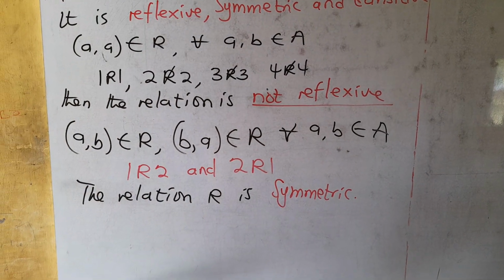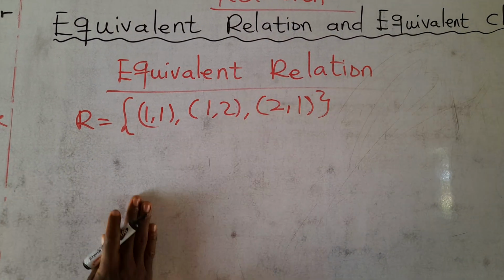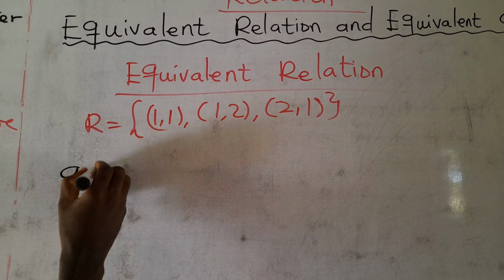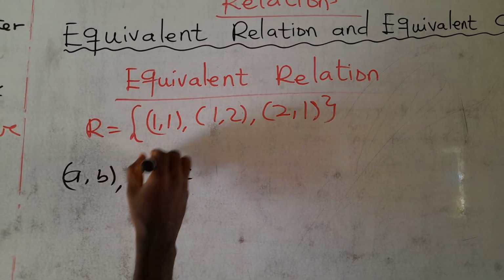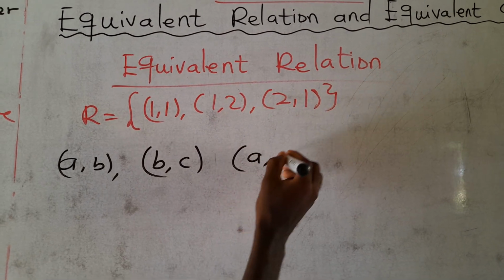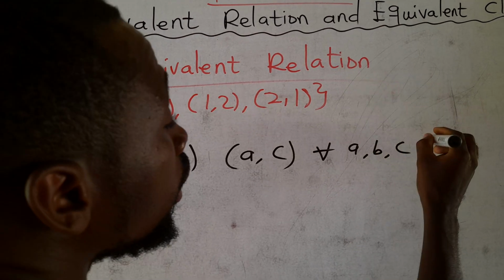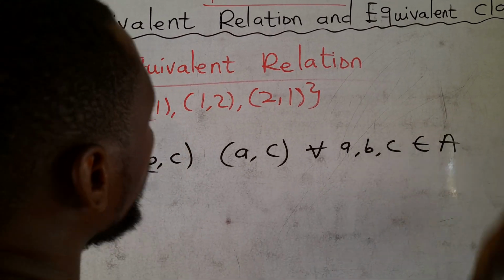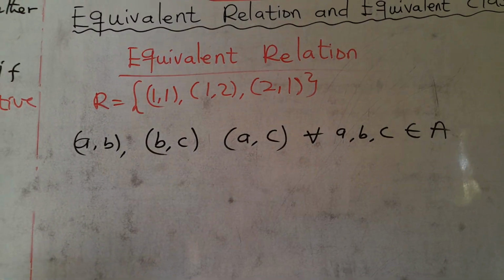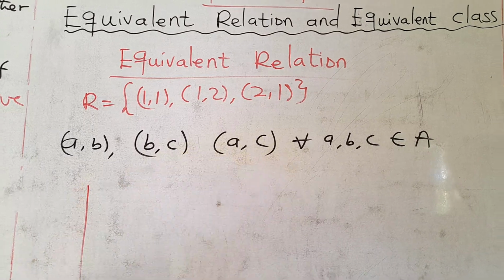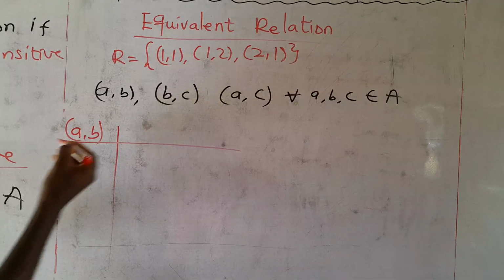Now we check the transitive property. A relation is said to be transitive if we have a relating to b, then b relating to c, then we can say that a will relate to c for all a, b, c being members of the set A. Please check out that video. We did all these things there. It will help you. So I will use a table to make it easy. I'll have the pairs where a relates to b.